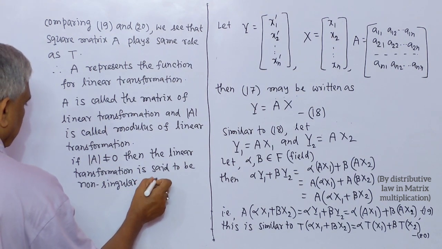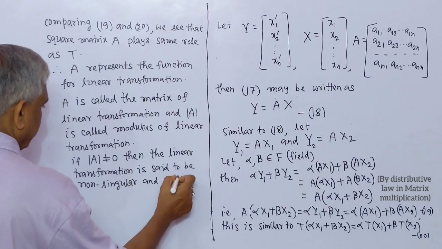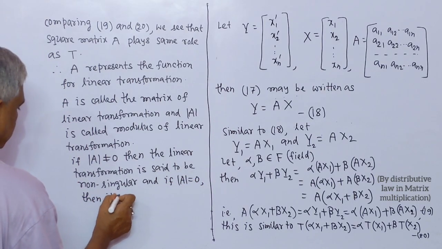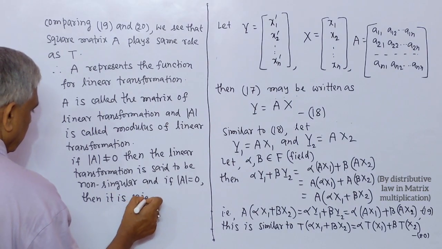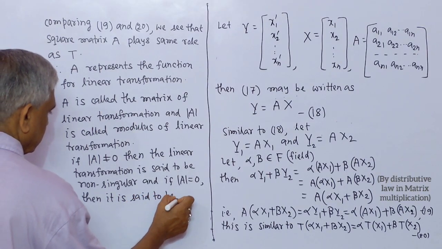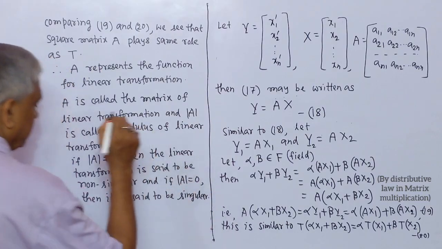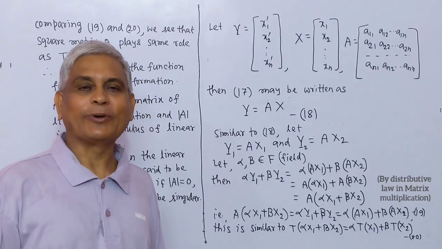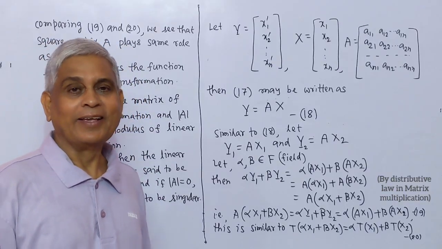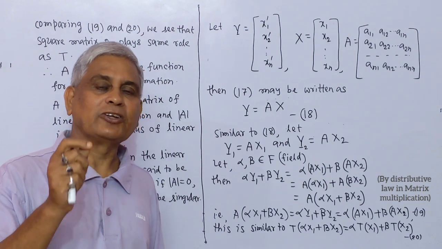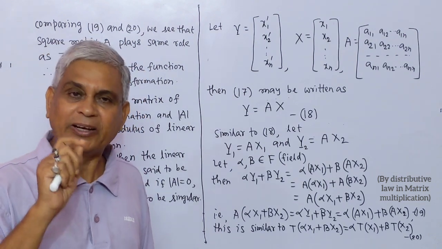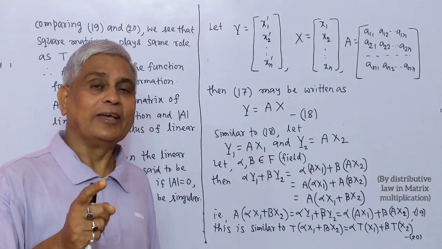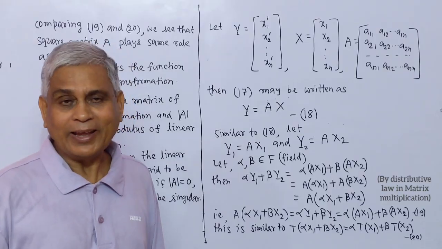And if determinant A equal to 0, then it is said to be singular. I hope that you are clear about the concept of linear transformation. Generally, in the basic definition of linear transformation, we use the mapping T, but here we use the square matrix A in place of mapping T.